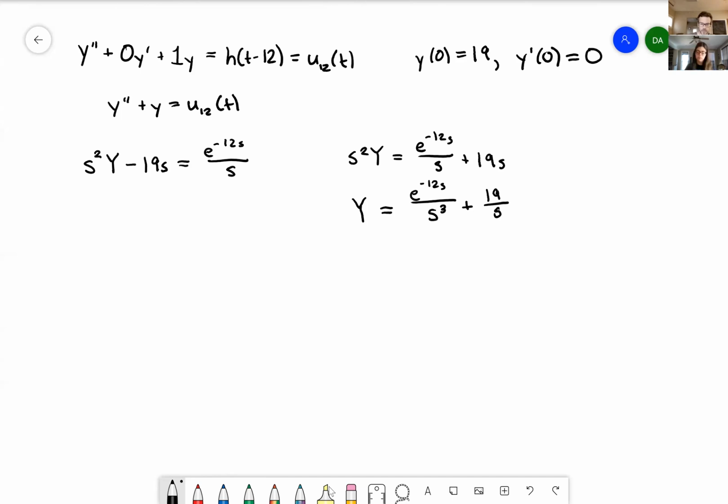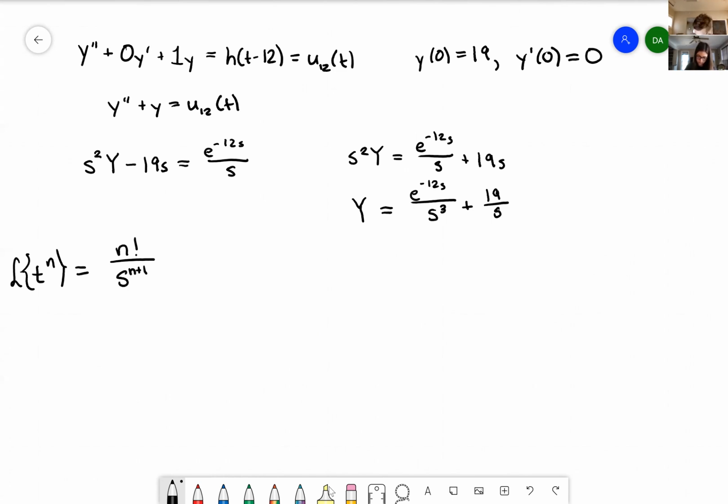We know that, okay, we're getting this from the Laplace transform table, the Laplace transform of t to the n is equal to n factorial over s to the n plus 1.